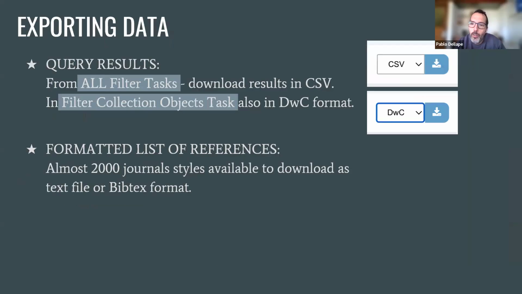We can download our query result in CSV format, and for the collection object filter, we can also choose to download the result in Darwin Core format. For example, we can create a list of sources using the filter source and format it with the journal style we need. There are almost 2,000 journal styles available in TaxonWorks.